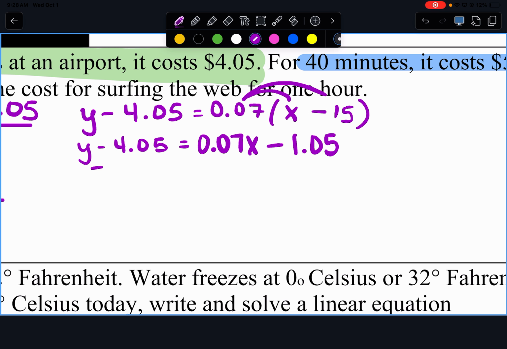You add, the opposite of subtracting. So we get y equals 0.07x plus what? 3.05. Is it 0.05, or is it just 3?